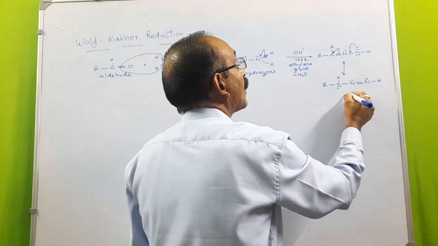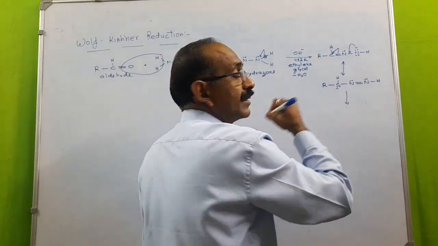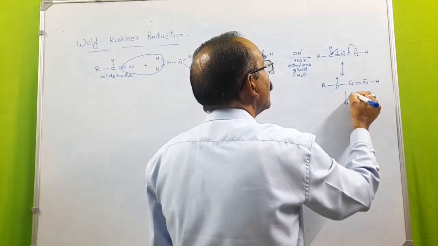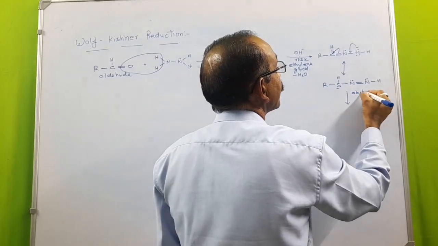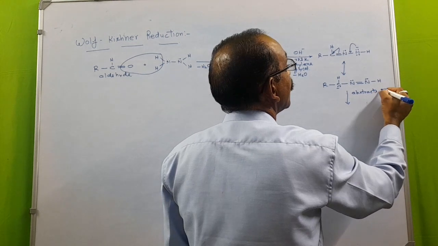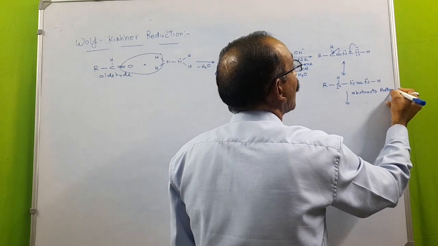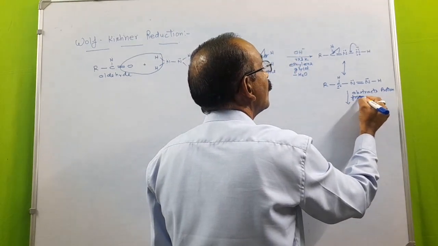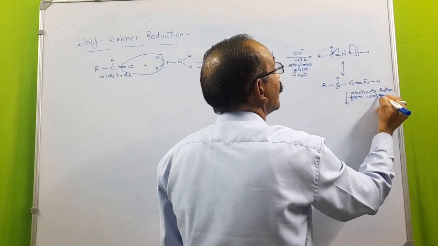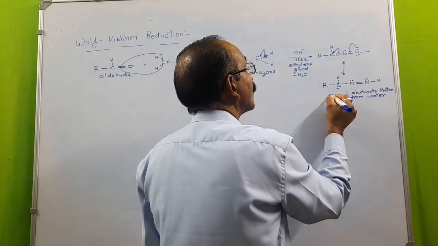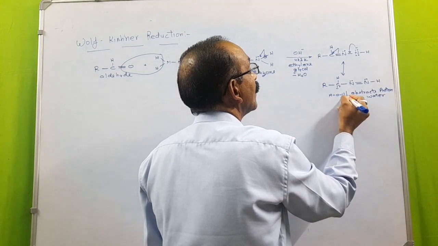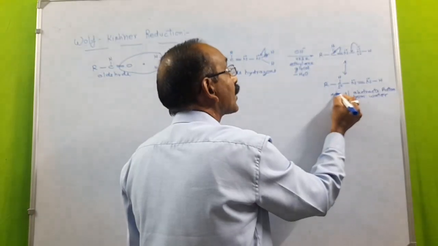Now this molecule or anion thus obtained will abstract a proton. It will remove a proton from water. See, water is here. So it will remove a proton.